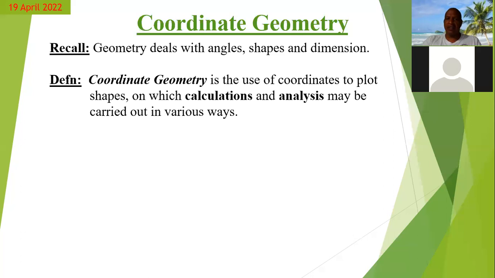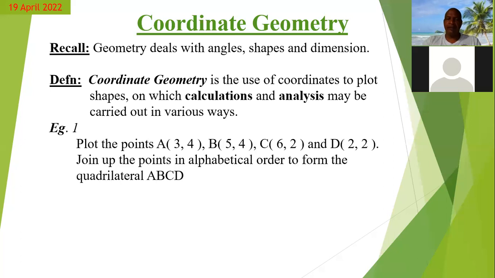Now, coordinate geometry is the use of coordinates to plot shapes on which calculations and analysis may be carried out in various ways. So depending on what is asked of you, sometimes they might ask area, you may be asked about volume, but if it's a circle, you may be asked maybe circumference or something like that. But whatever is asked of you, it will be related to graph and points.